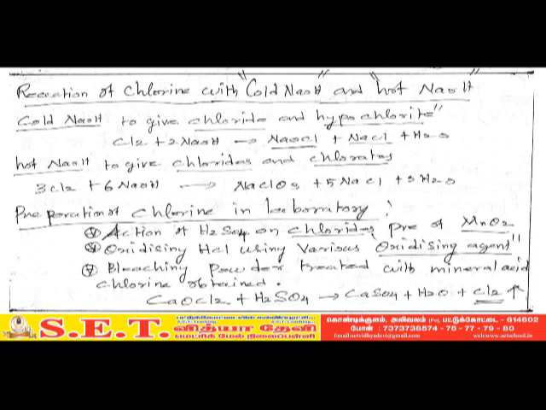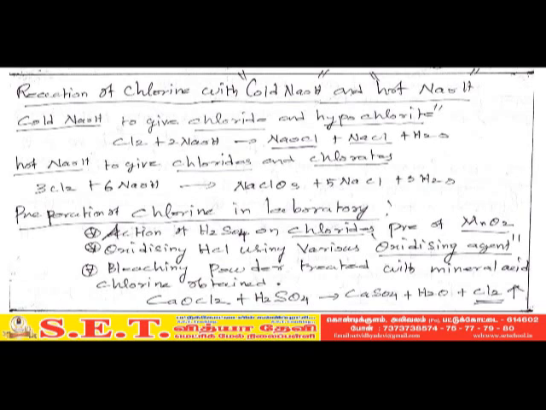Reaction of chlorine with cold NaOH and hot NaOH. Chlorine reacts with cold NaOH to give chloride and hypochlorite.